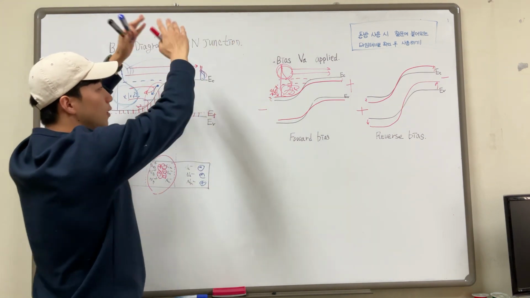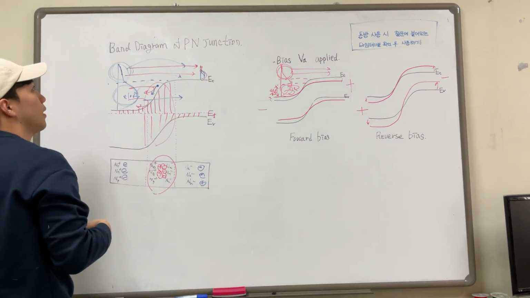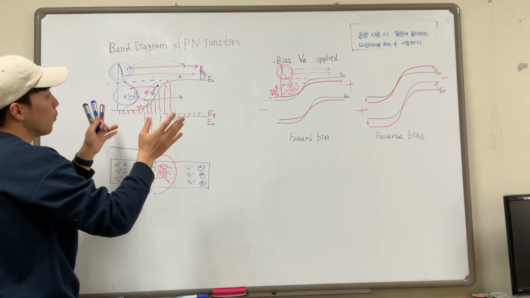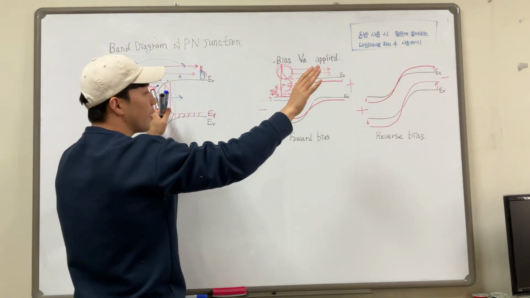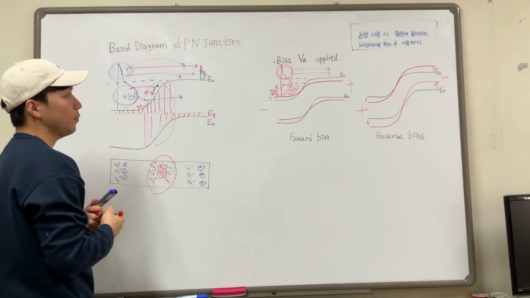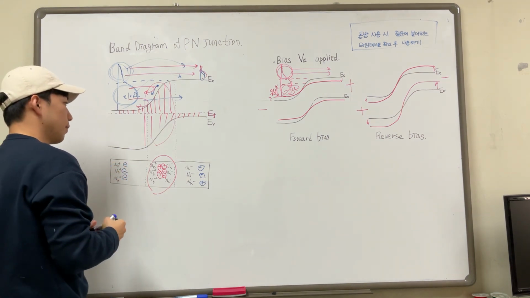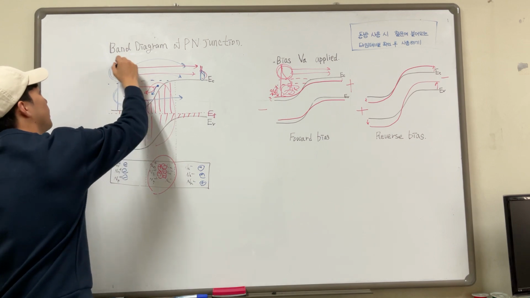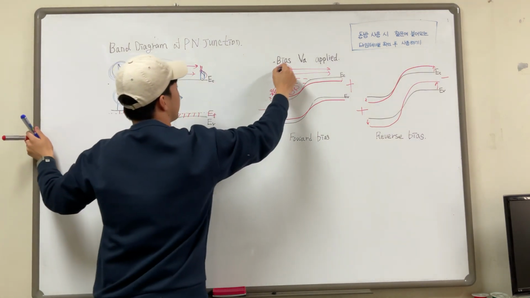The total state is bigger when forward bias is applied. We will compare this state and this state.